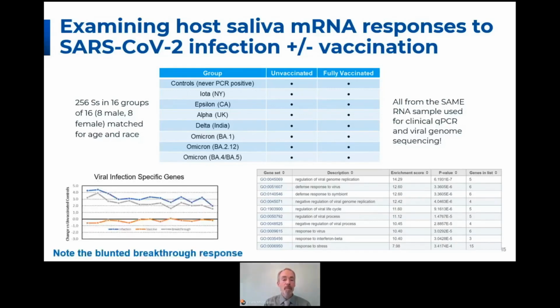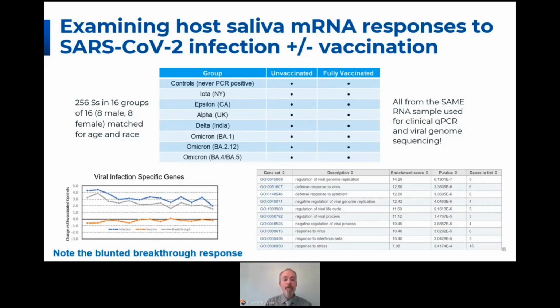Just to provide one more example of how the effect of vaccines comes into play and what we can detect: this is a gene expression profile for approximately a dozen genes, and we're looking at how they respond to viral infection, the blue line, compared to just vaccination, the orange line, and how they respond in persons who had a breakthrough infection, the gray line.